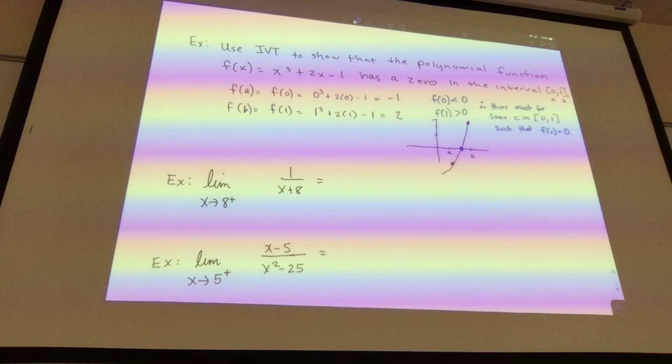Let me put this in a different color. Let's go blue. The limit of x plus 2 over 2, because we're looking at the one from the left. Now plug it in and what do we get? 3 plus 2 is 5 over 2. Okay?